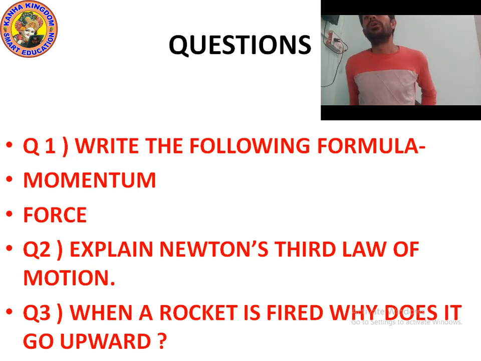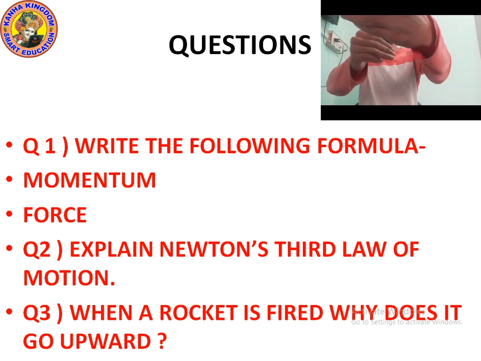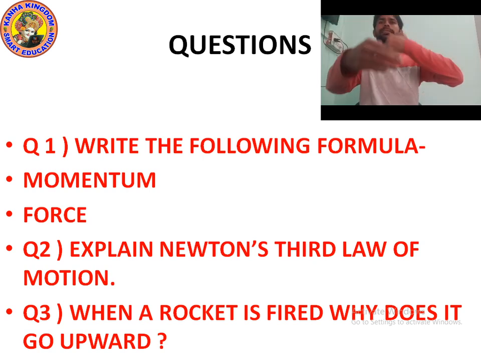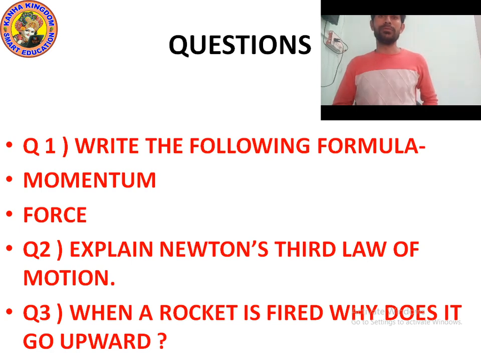Example: when a bullet is fired from a gun, the gun exerts a forward force on the bullet, and the bullet exerts an equal and opposite force on the gun, which is the reaction, and the gun recoils.